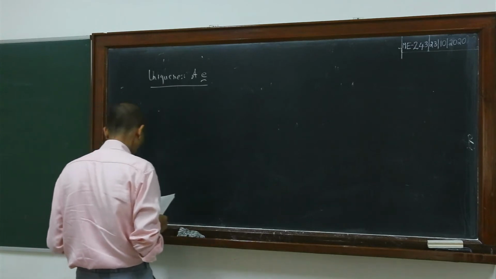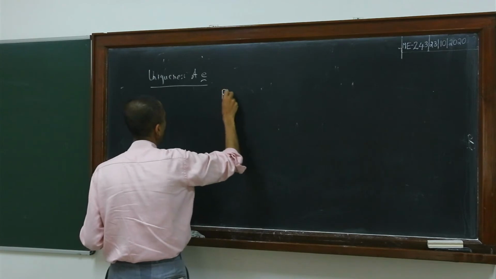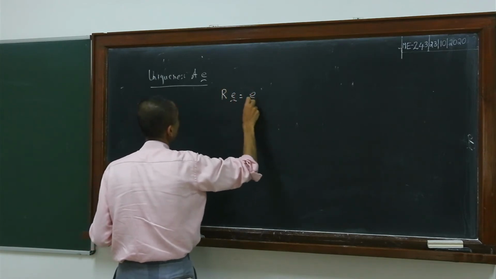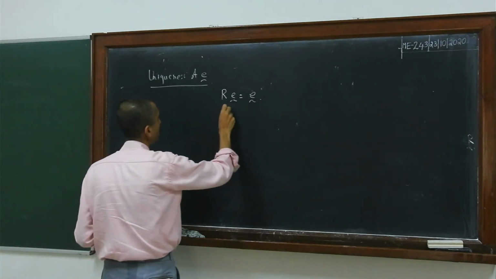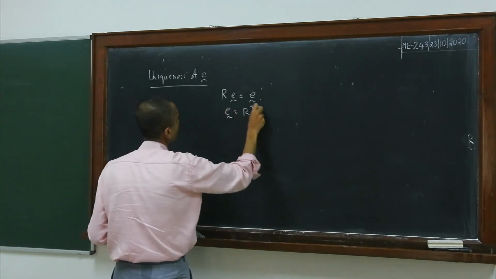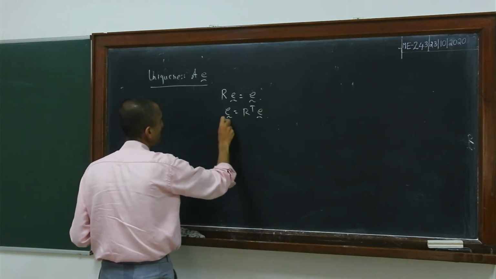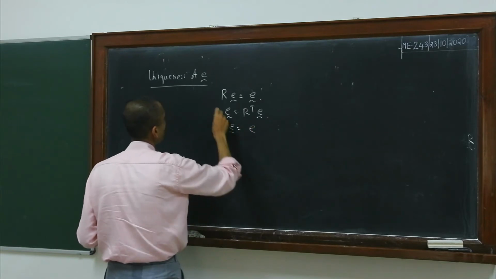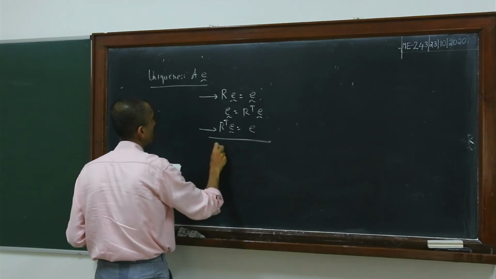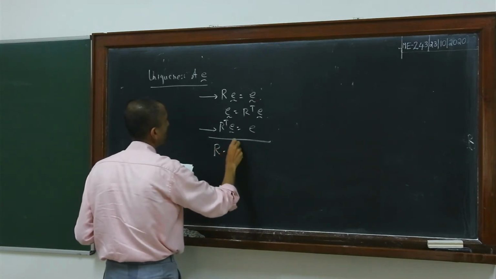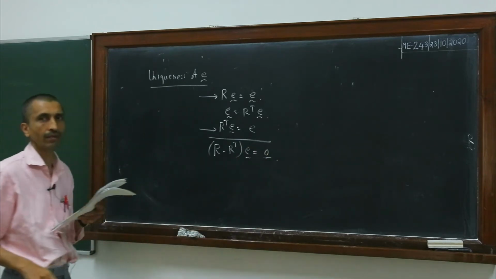We have that RE is equal to E. Now multiply both sides by R transpose. So you will get that E is equal to R transpose times E. Then rewrite it as R transpose E is equal to E. Now take this equation and this equation, and then subtract. What you will get is that (R minus R transpose) times E is equal to 0.